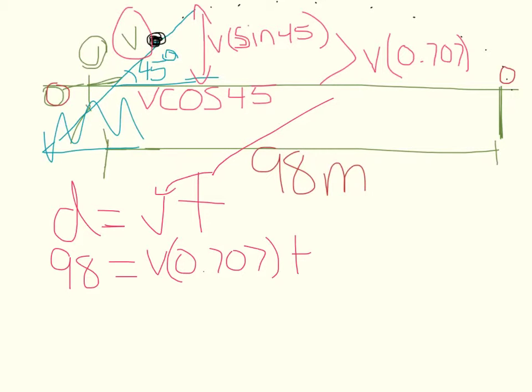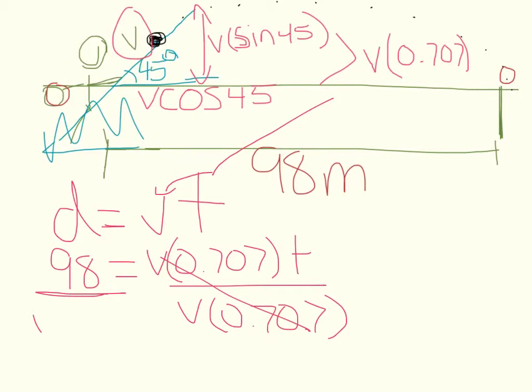Then we're going to divide so we get t all by itself. I'm going to divide by v times 0.707. I think that's the right value.